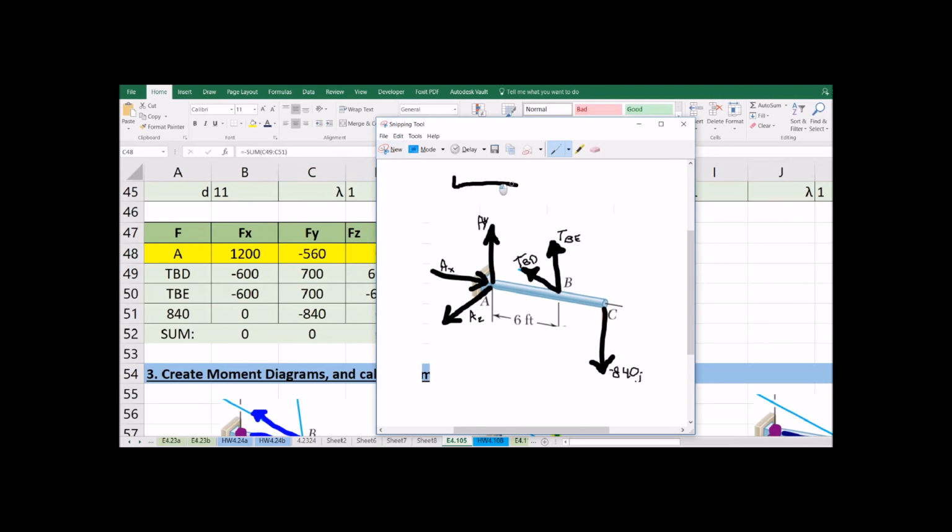Okay, so if you have a teeter-totter, right, we have the 840 on one side, and then we have the tensions up in the center. And what are you going to have to do so that it doesn't rotate? Well, AY has to go down. So we drew our AY force the wrong direction. We'd have to turn him around.